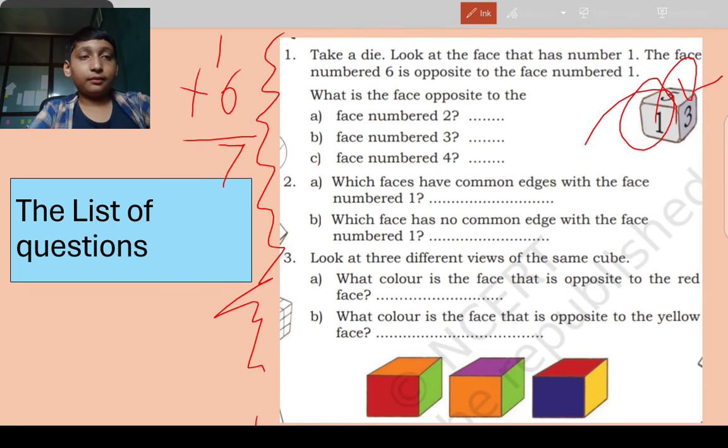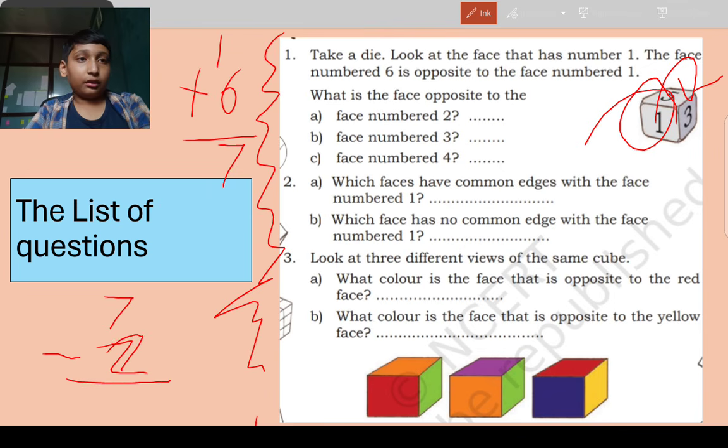So the front number and its opposite number is equal to 7. So if the 7 is equal to the front side and the back side, why can't we just minus it with 2, because that's the number we are going to do first.